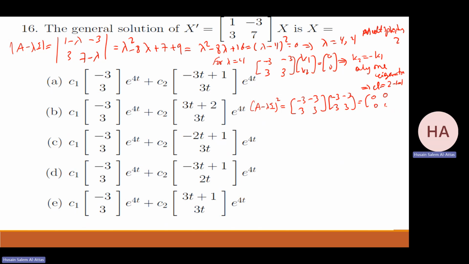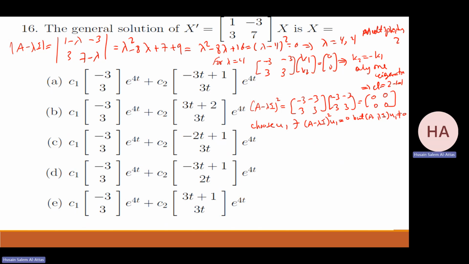Minus 9 plus 9, 0. 0, 0. So I'll try to choose U1 such that A minus lambda I square times U1 is equal to 0, but A minus lambda I times U1 is not equal to 0.